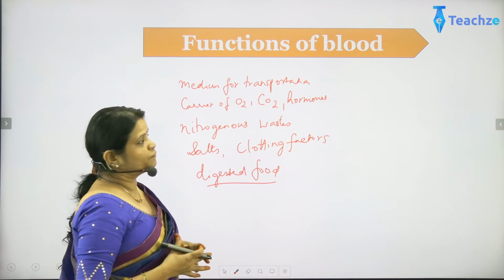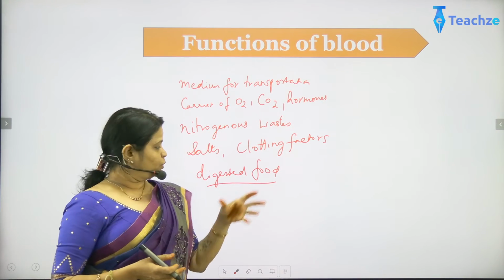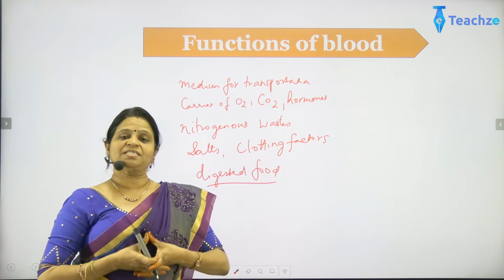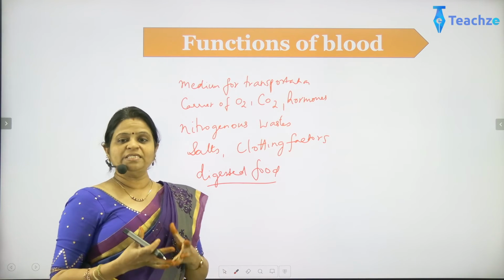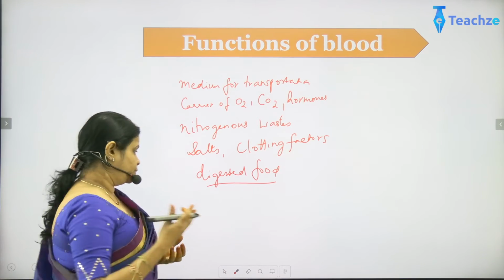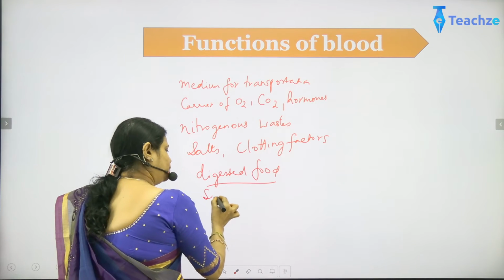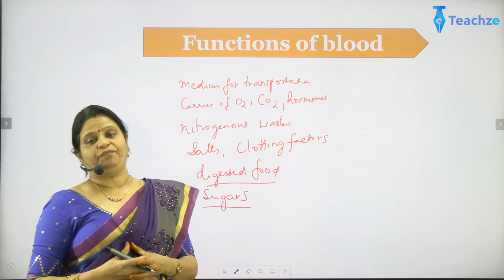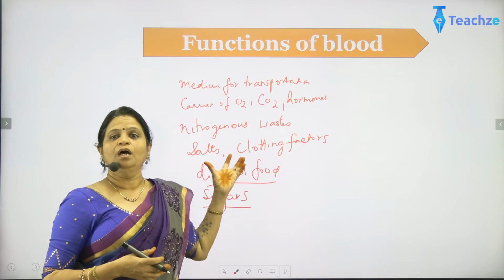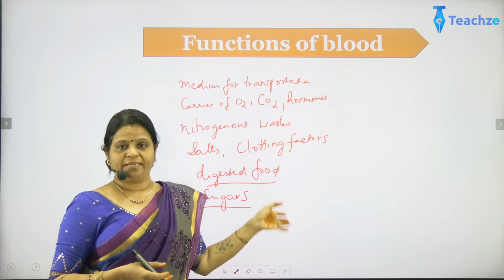So these are all the functions of blood and the clotting factors, and the excess of any substances, say sugars, will all be stored if the blood doesn't want to take those sugars. So blood also has this way of carrying sugars to different parts of the body because that is the food which is being carried in maximum.